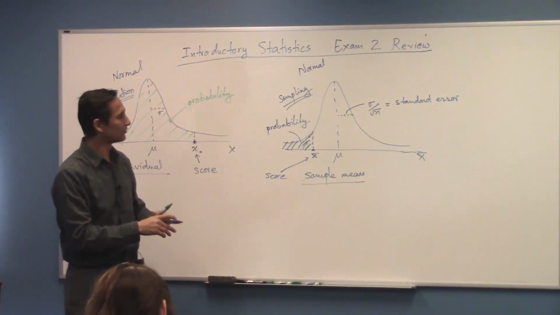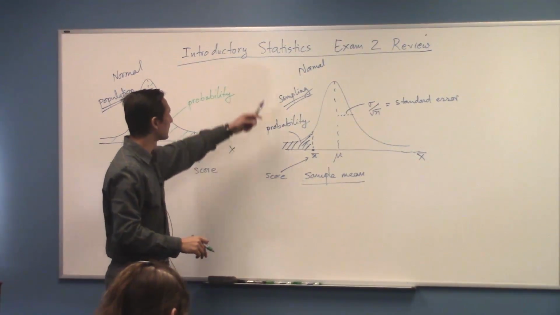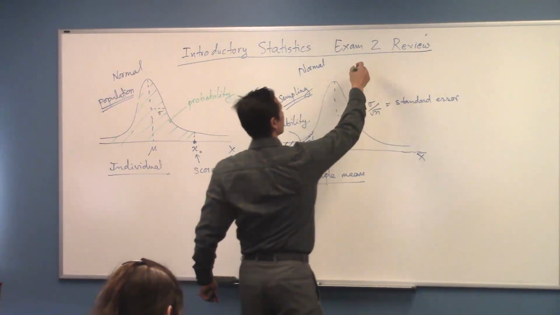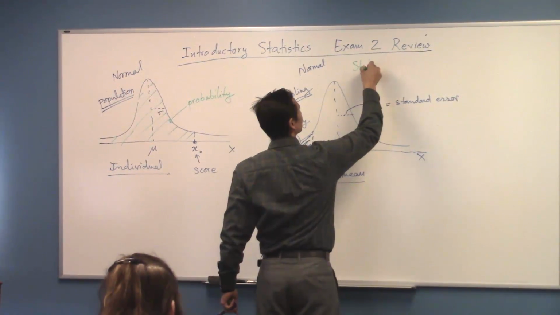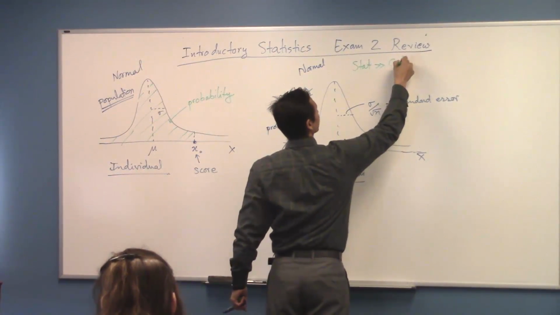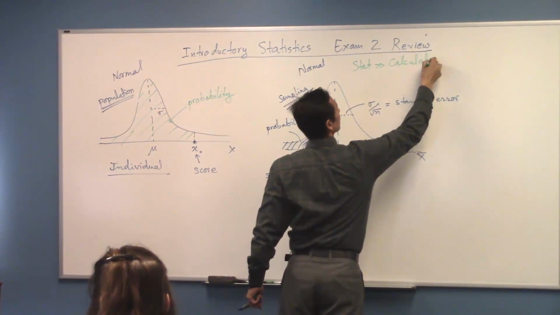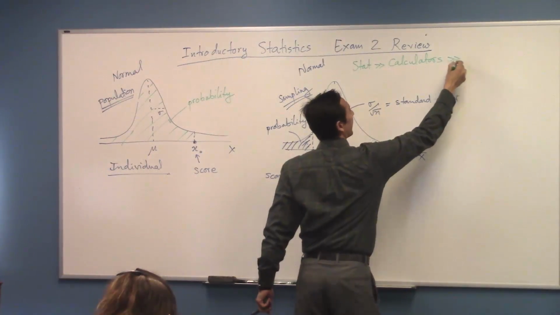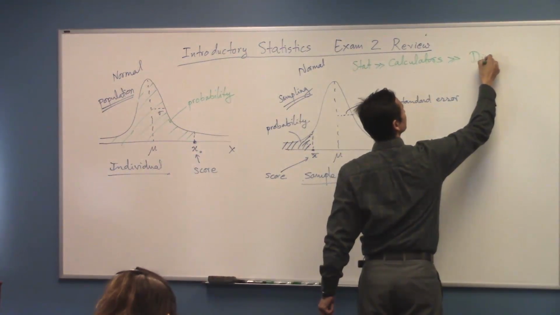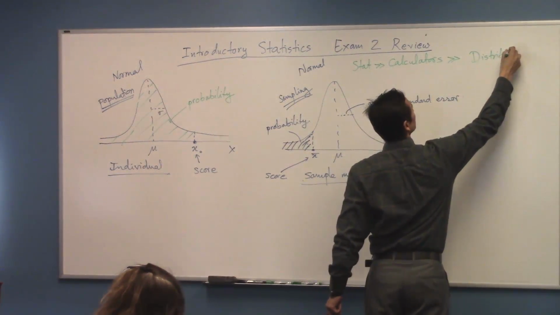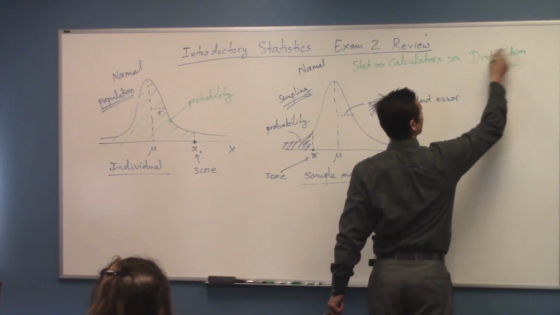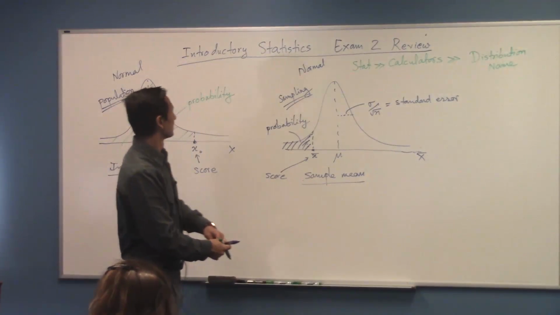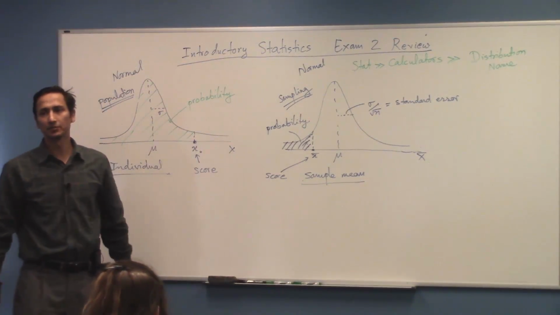How do you compute scores and probabilities in StatCrunch? You will use Stat, then Calculators, and then the distribution name. These are both normal distributions.